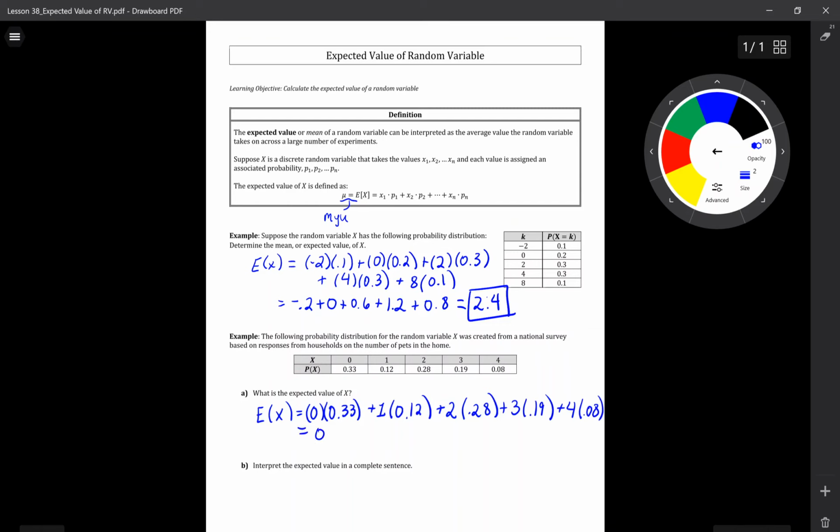So this is 0 plus 0.12 plus 0.56 plus 0.57 plus 0.32. If I add these all up together, 0.12 plus 0.56 plus 0.57 plus 0.32, I get 1.57. So what this means is the average number of pets in a household is 1.57.